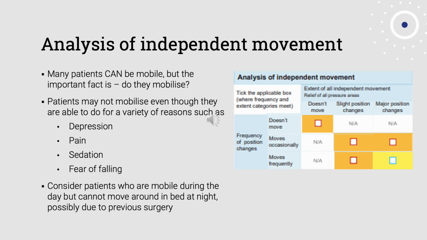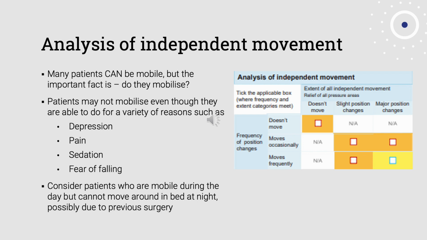An important thing to think about with this really is the fact that some patients can mobilise, but they choose not to. And so for these patients, we need to figure out why. It's not just about ticking a box, it's about why do they choose not to mobilise. Is it related to their mood? Do they have pain, so when they move, they're in pain? Are they on medication that makes them feel drowsy, so they're afraid of falling?